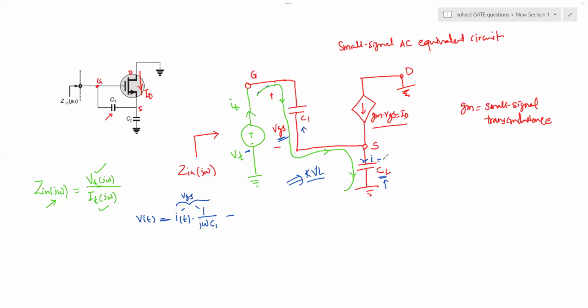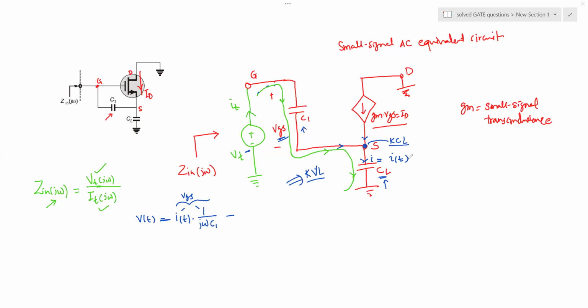So here I is basically the current that is coming from this end, and the current coming from this side. And here at the junction, we can see the KCL, that is Kirchhoff's current law. So I is basically I of t.